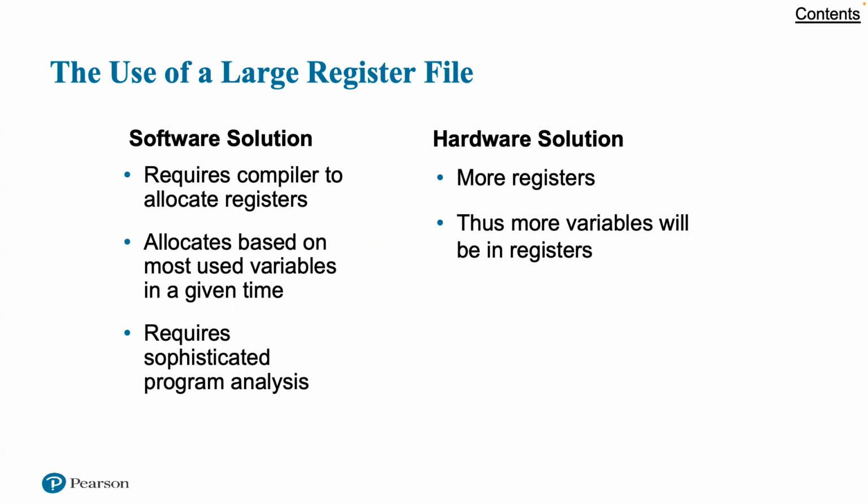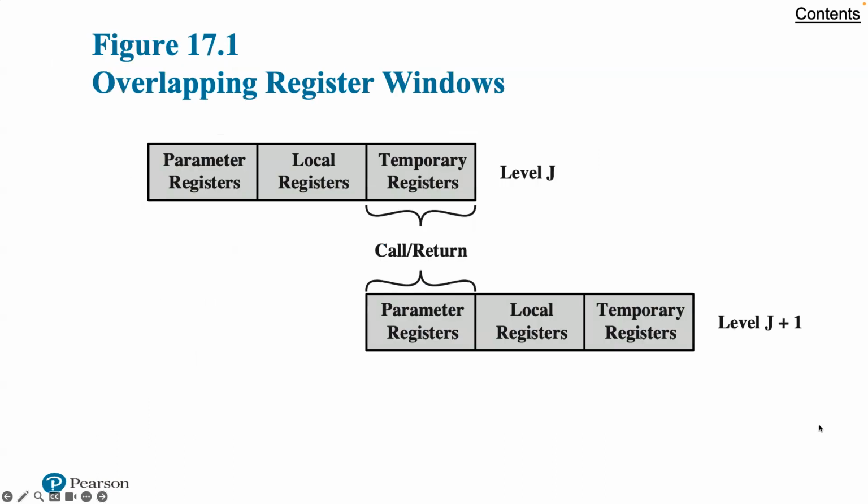The hardware approach is simpler: use more registers so that the variables can be held in registers for a longer period of time. So in this section, we will discuss the hardware approach. The approach was pioneered by the Berkeley RISC group, was used in the first commercial RISC products, the Pyramid, and is currently used in the popular SPARC architecture. And so SPARC is the line of processors that Sun Microsystems, which now has been bought by Oracle, uses.